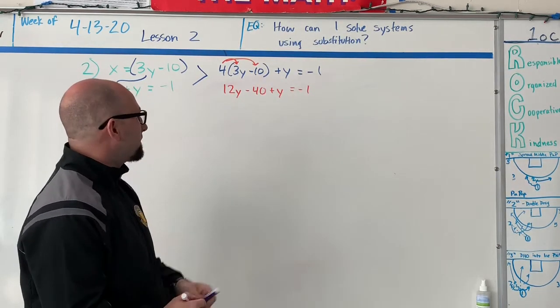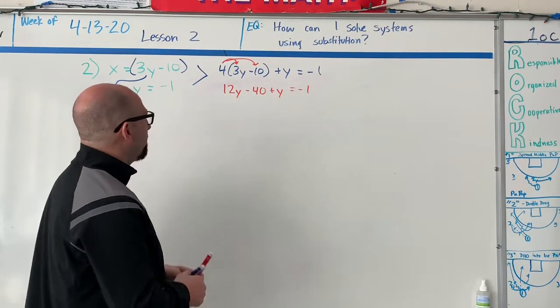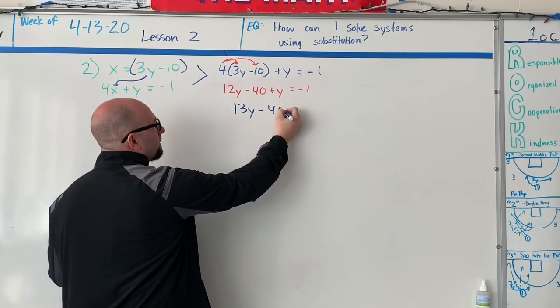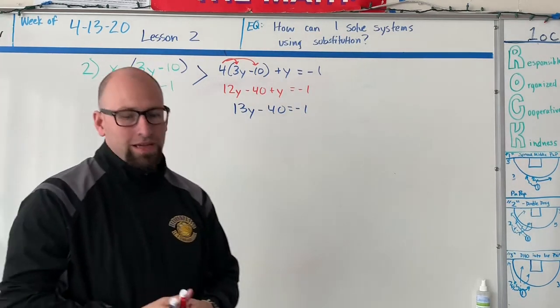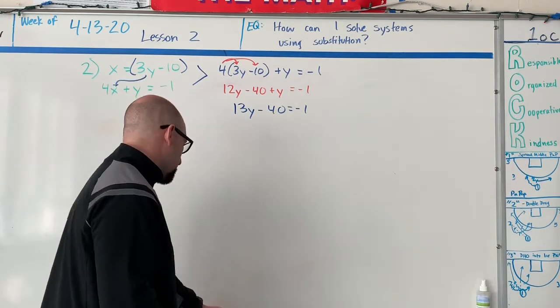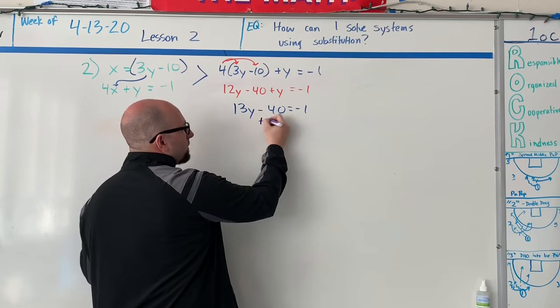Now we're going to combine like terms. We've got y and 12y. 12y and y. So that's going to be 13y minus 40 equals negative 1. Okay, so now the next step is we're just going to do the two-step equation to solve for y. So first thing is, let's get rid of this 40. It's 40 in the hole, so we'll add 40.